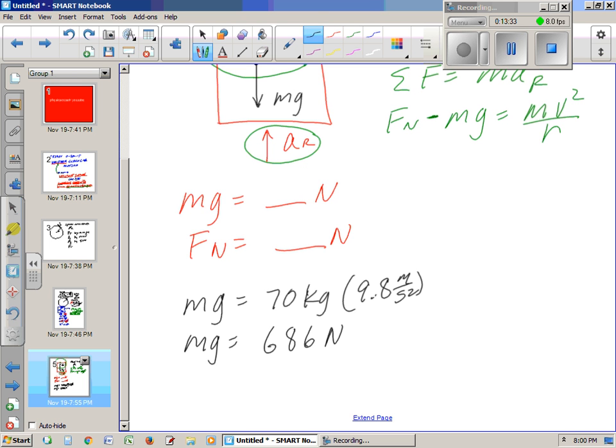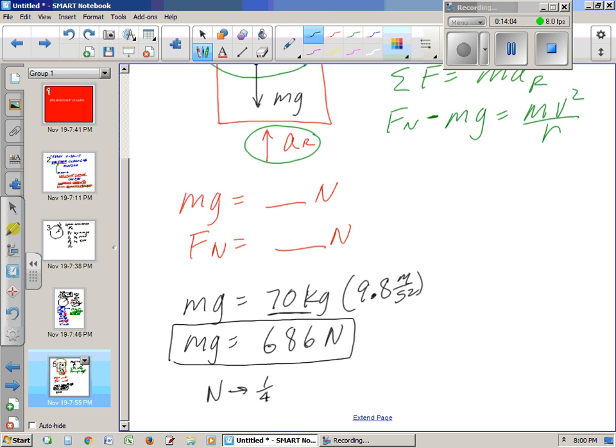Remember, we said a newton is approximately a quarter pound. So this would put him somewhere maybe 150 pounds. I already said that as an estimate up here because a kilogram, 2.2 pounds of something, has a mass of 1 kilogram. Okay, so we found the guy's weight.